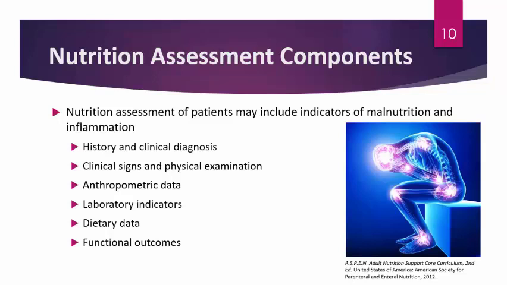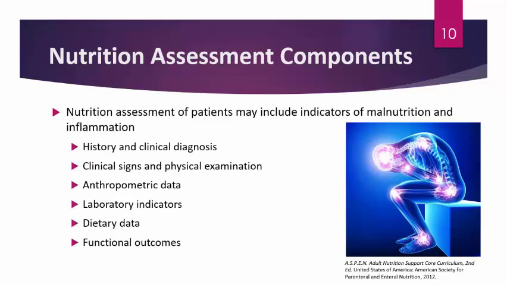We look at things such as the patient's history and their clinical diagnosis, their clinical signs, as well as physical examination, anthropometric data, laboratory indicators, dietary data, and also functional outcomes. And we're going to go into each of these different parameters to explain what each of them is.